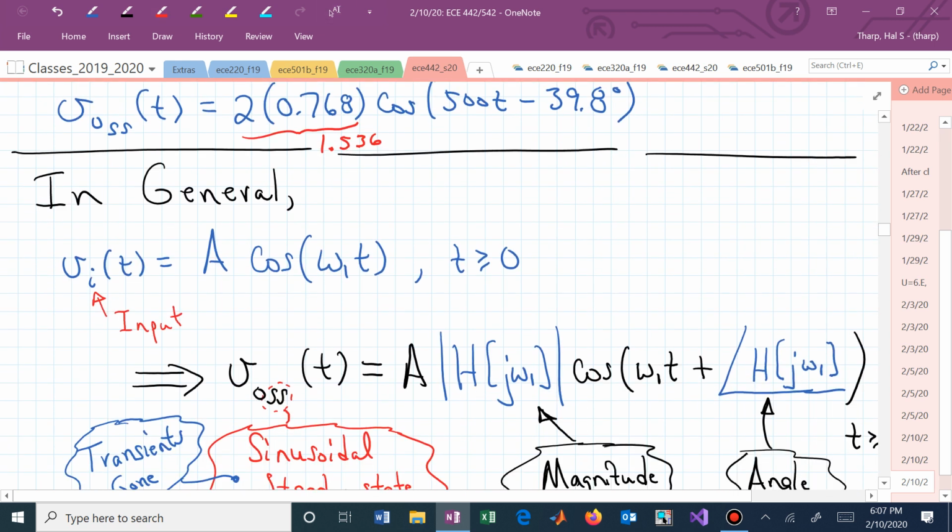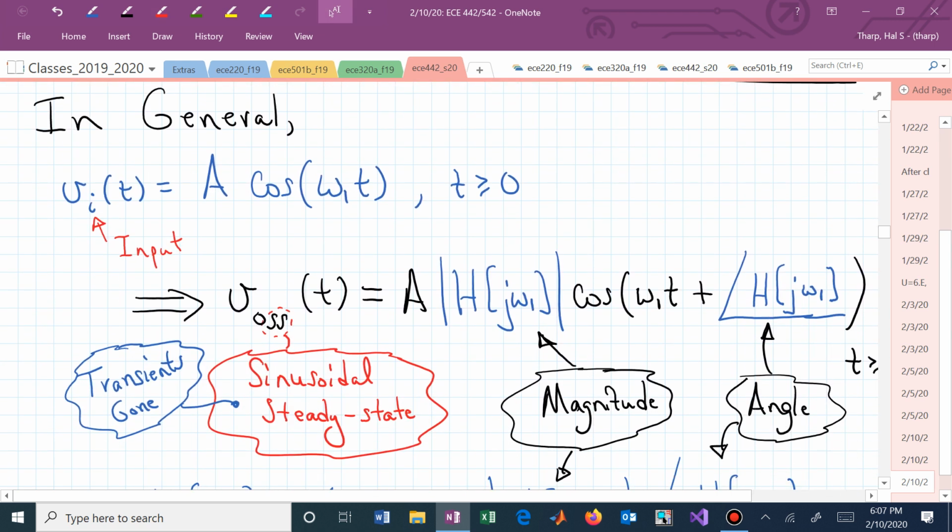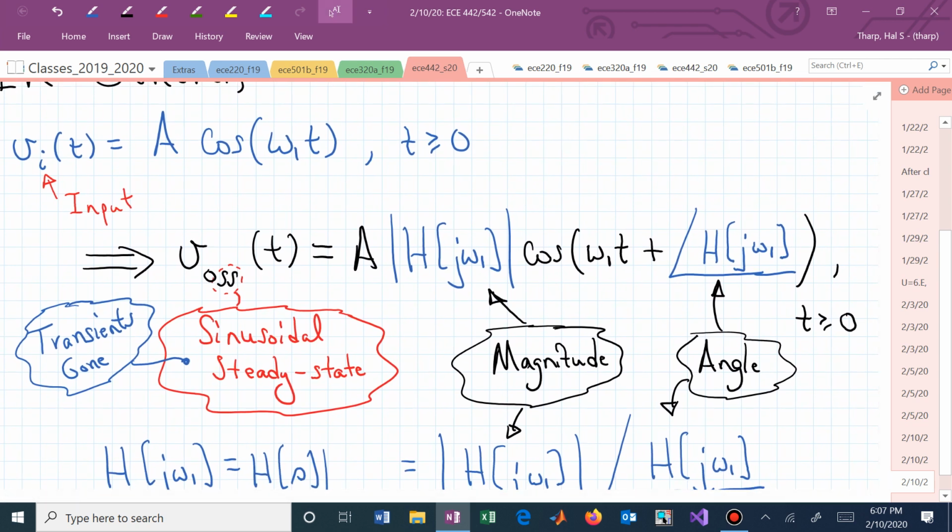In general, for any input, we have this. Once the transients are gone, then we have our sinusoidal response.